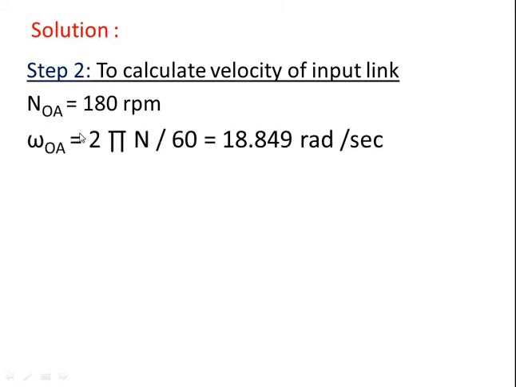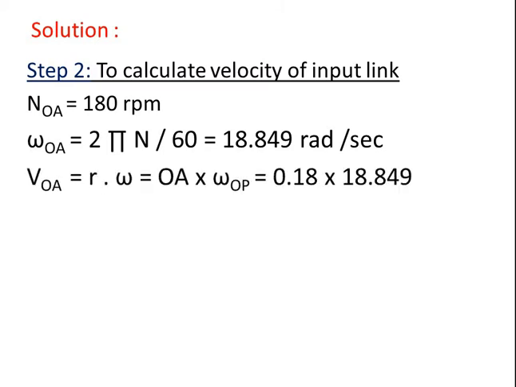From this, we will calculate omega equal to 2 pi n by 60. Substituting n equal to 180 in this formula, we get omega equal to 18.849 radian per second.